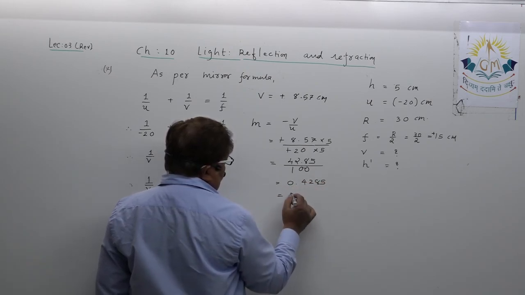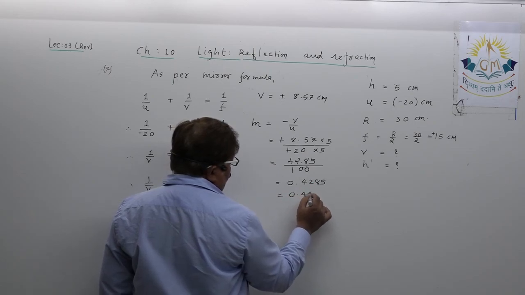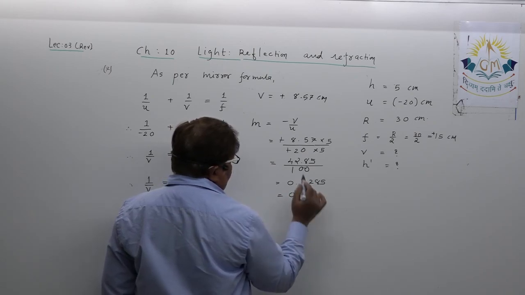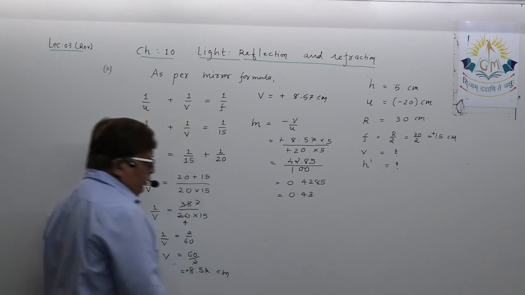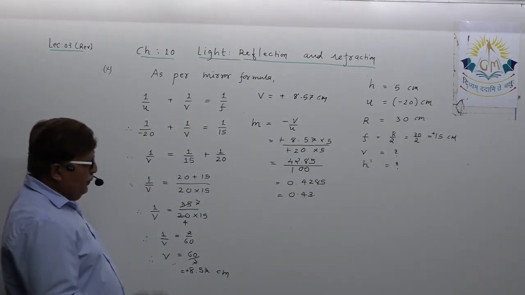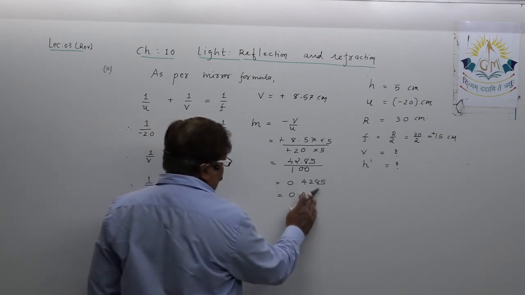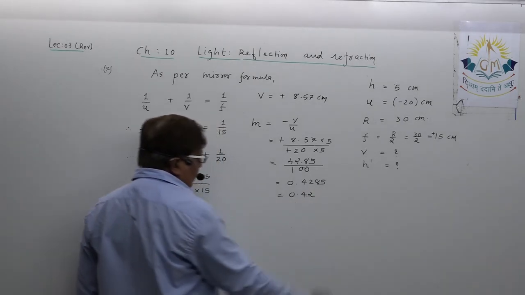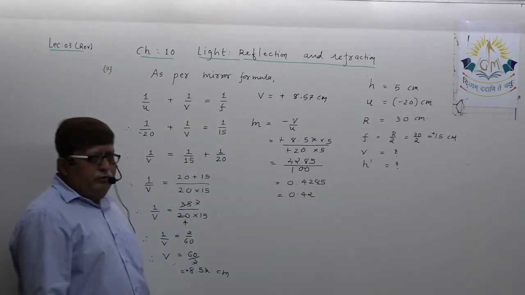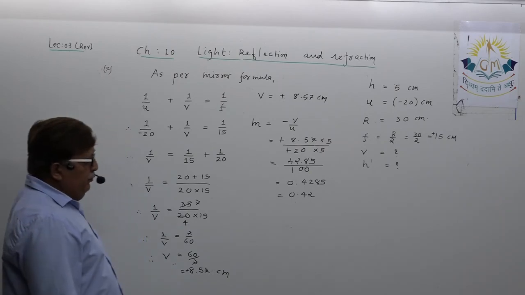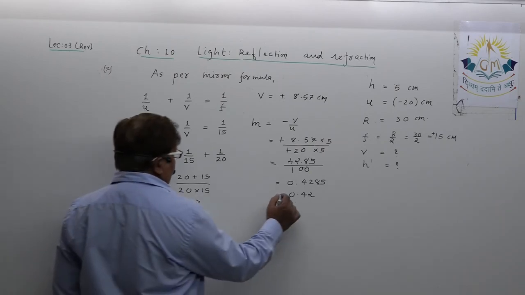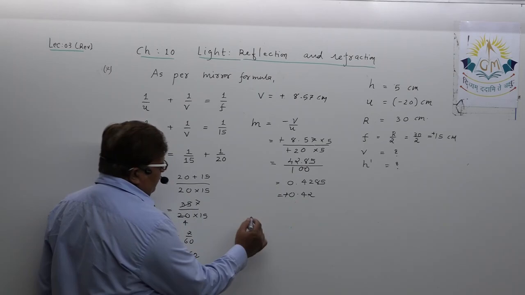Somewhat you can place 0.43, that is sufficient. Now, dear student, even this is arbitrarily coming, you can write 0.42 also. That also is sufficient. M is positive, less than 1.